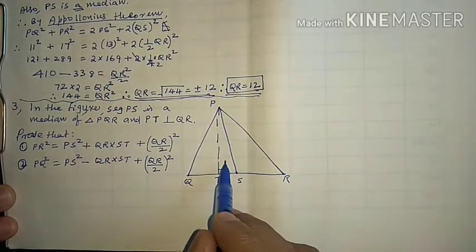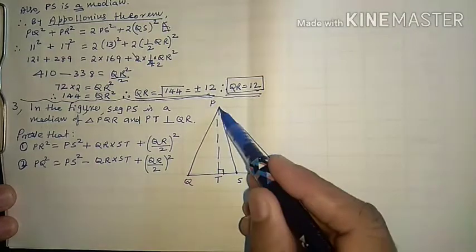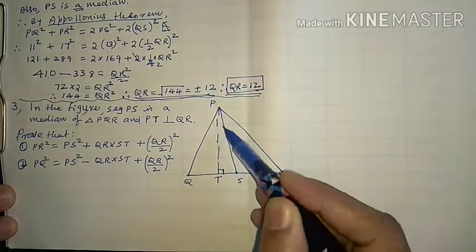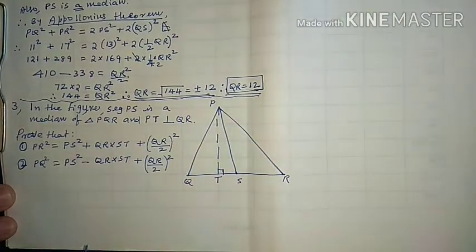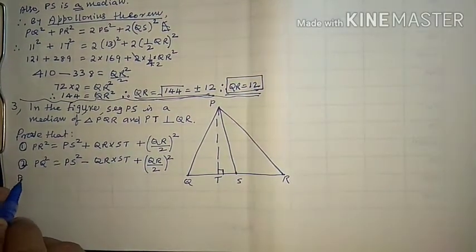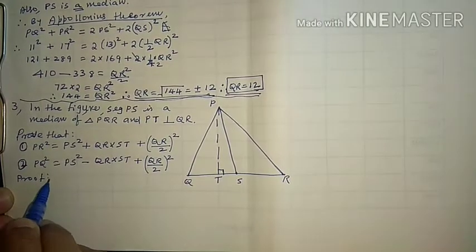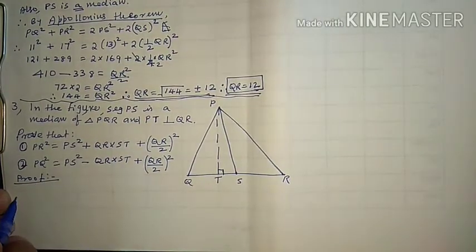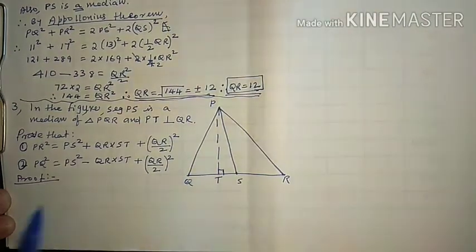So first we consider this small triangle PTS. From here we use Pythagoras theorem and we will get all this slowly. Here we are proving. So proof. First we consider the small triangle.